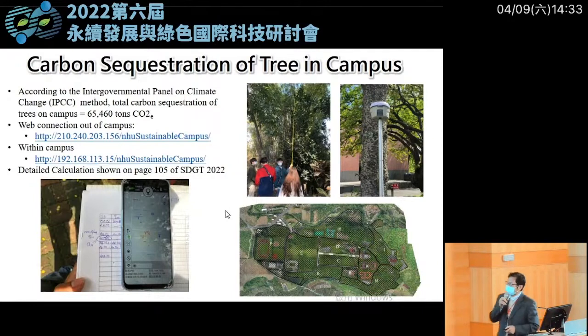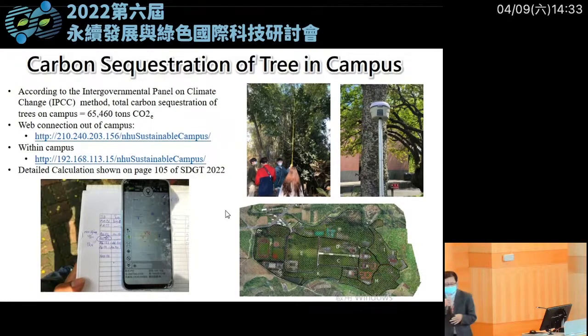Then, according to the Intergovernmental Panel on Climate Change, IPCC, we measure and find the total carbon sequestration of trees on our campus. It reached 65416 tons CO2 equivalent. And you can see everything on this website.